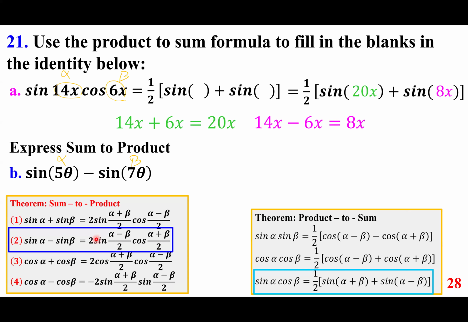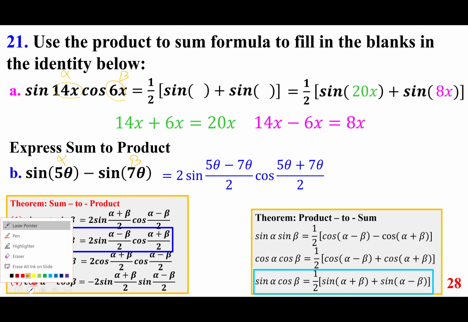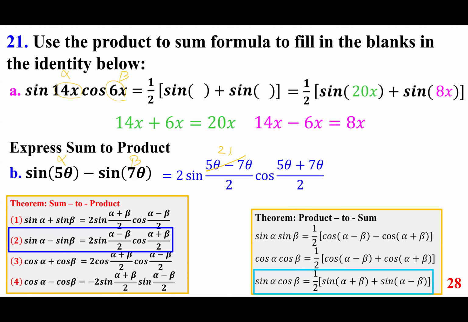So 2 sine of 5 theta minus 7 theta divided by 2. This one, 5 theta plus 7 theta divided by 2. Now 5 minus 7, that's negative 2. And this is 12 divided by 2. This is minus, by the way.